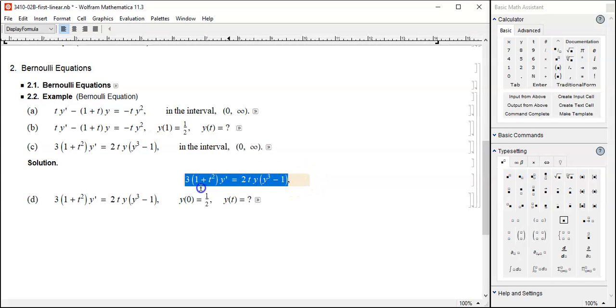So let's copy and paste this and then break up the right hand side. 2ty to the 4th power minus 2ty. That's it, isn't it? Okay, it looks better now, and I can clearly see this is Bernoulli.